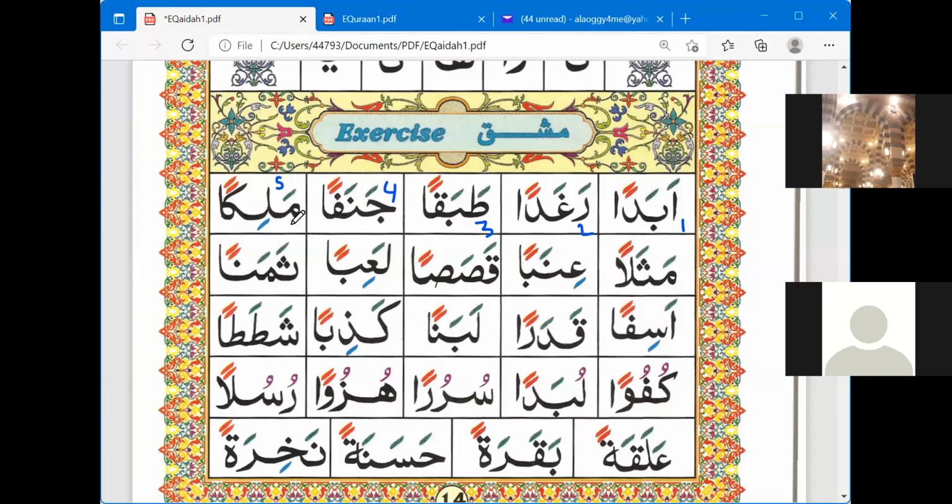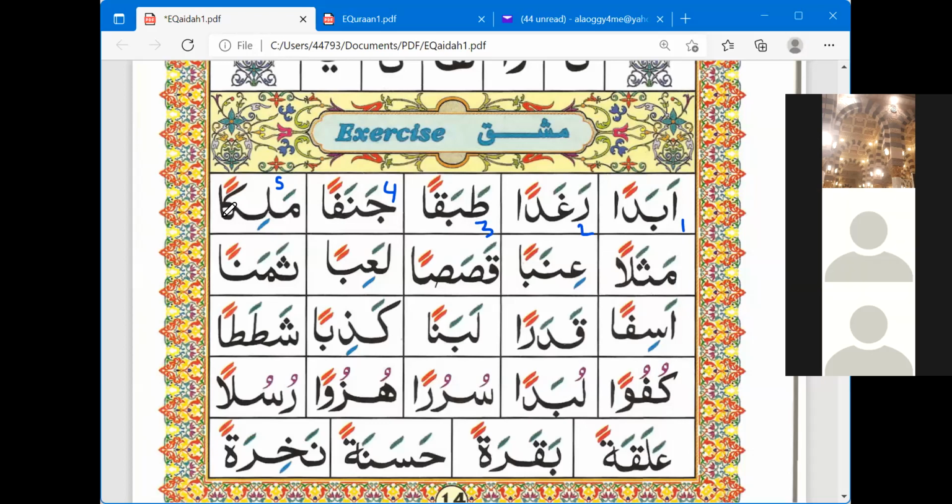Mim fataha, ma. Lam kasra, li. Kaf fatihatenin, kan. All together: Malikan. Number 1, abadan.